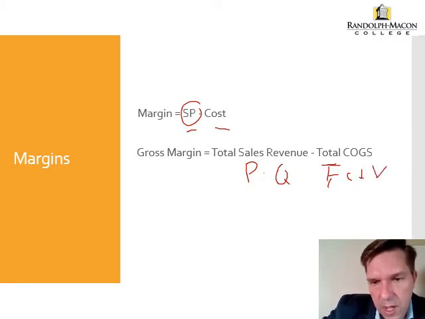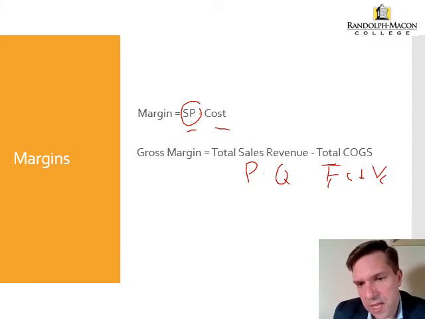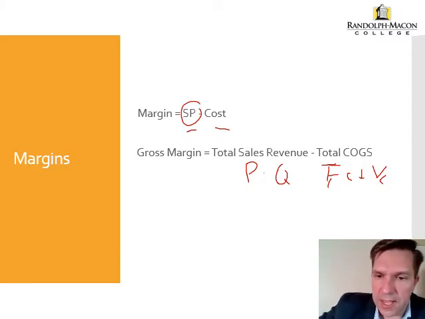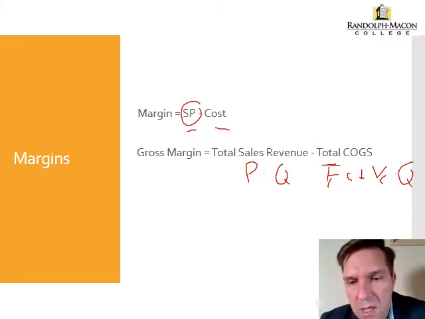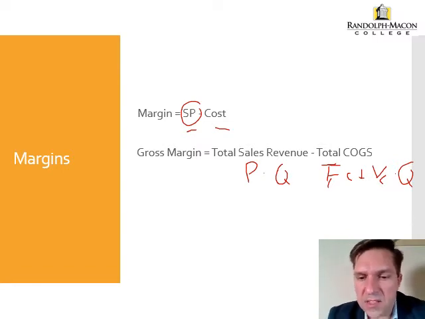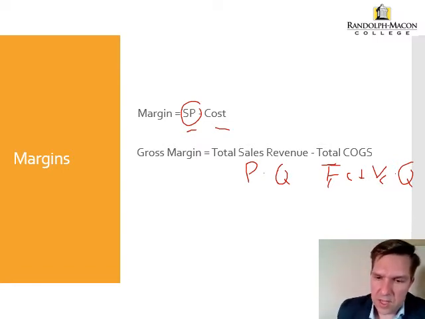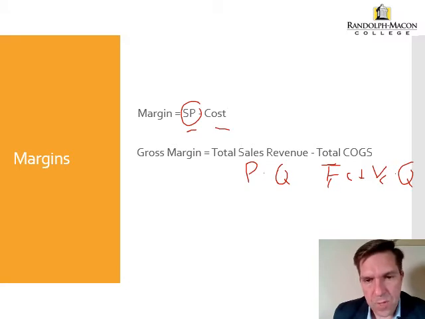Your variable cost is oftentimes depicted as V or small c as a shorthand, times your total number of units. So you're going to have cost that is either fixed or variable, and they are both associated with the production of the goods. Good. So that's going to be your gross margin.